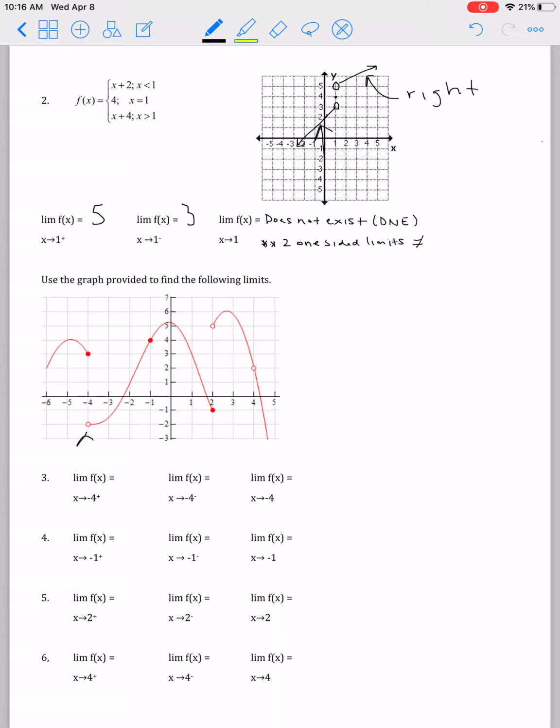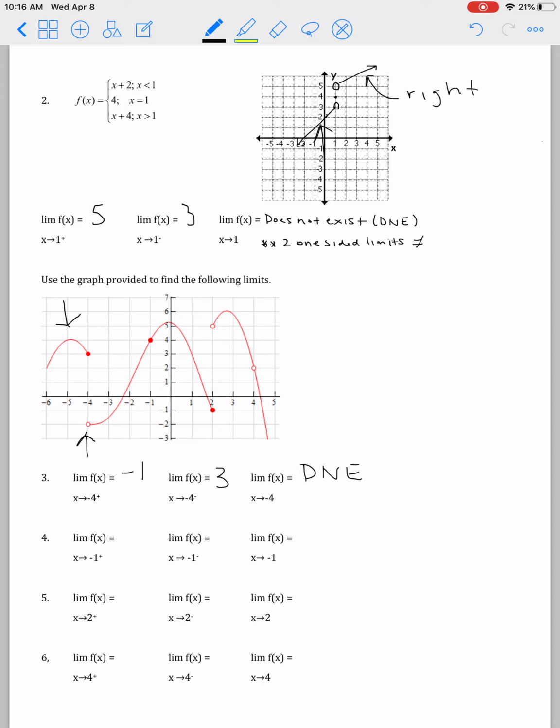So there's my -4, and here's the right-hand side, and I would get -1. And then from the left, this would be the left-hand side, I would get 3. And again, these two are unequal, so this limit does not exist.